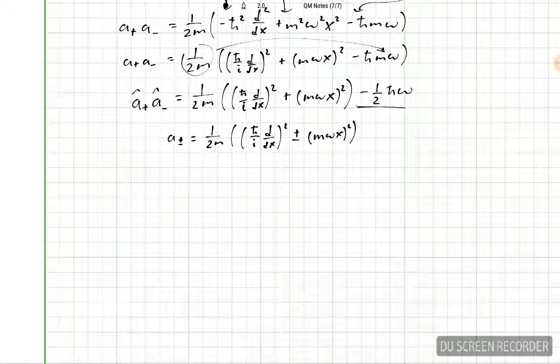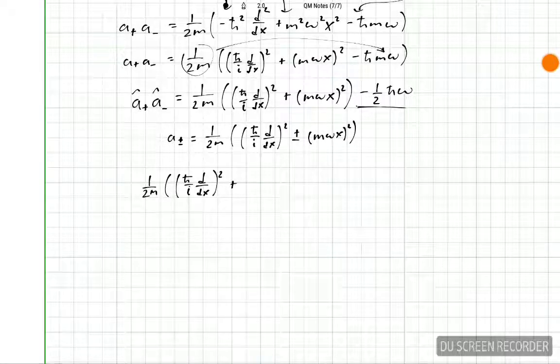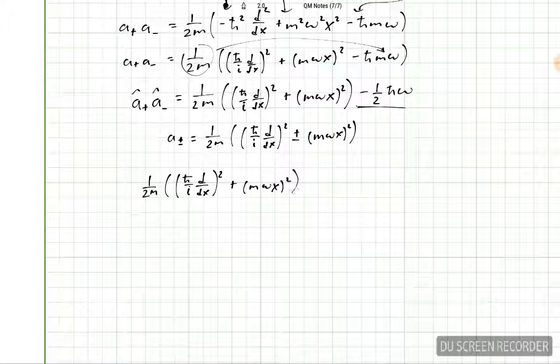So our Schrodinger equation looks like this: 1/2m, plus m times omega x squared, all that times psi equals energy times psi.